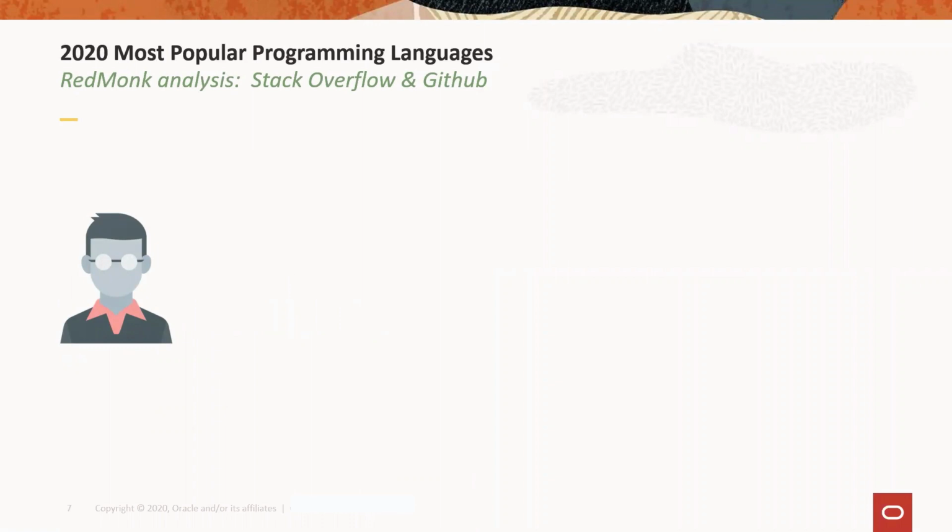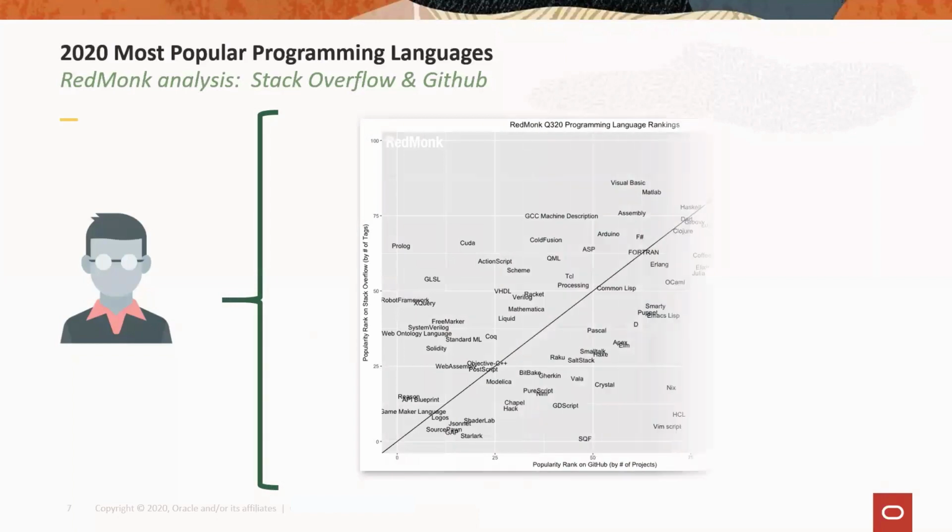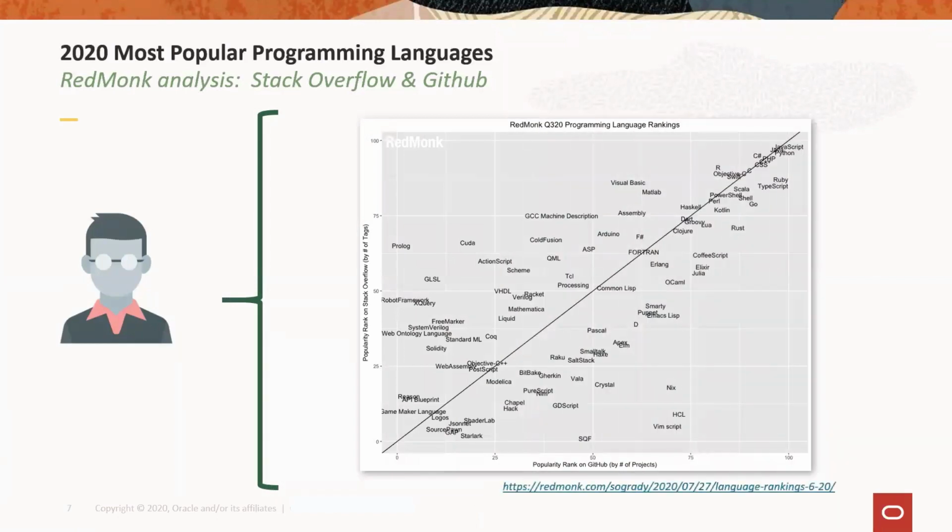And every year or two, they update an analysis that they've been doing for a number of years around the most popular programming languages. They do this by extracting programming language data from two or more of the most popular developer sites. They look at Stack Overflow, where they're examining the levels of discussion on particular languages, the help requests.